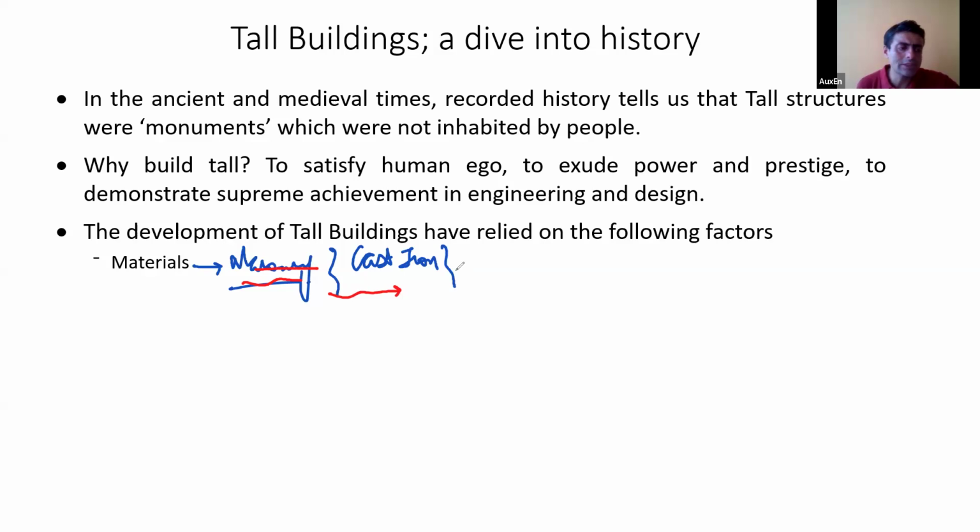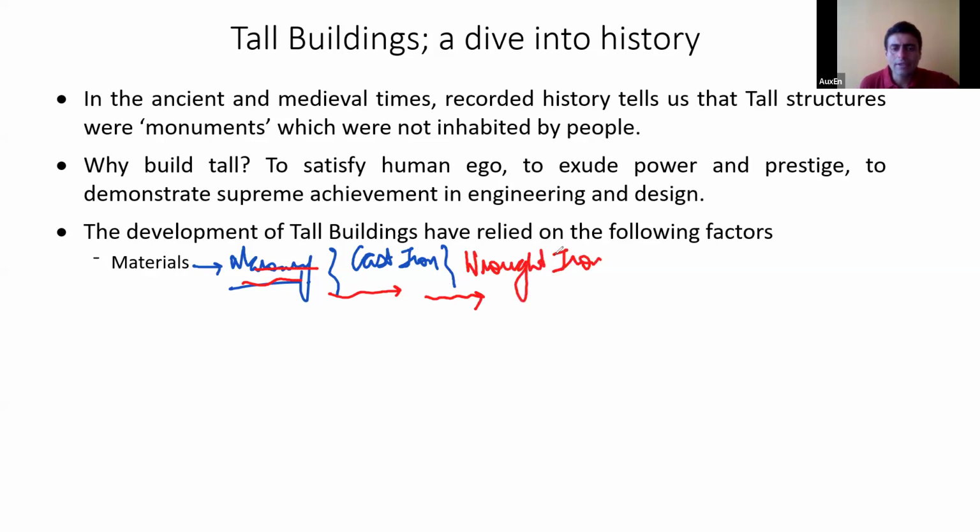Cast iron has more strength than masonry, but there is still a limitation when it comes to strength. From cast iron, what got developed was wrought iron.